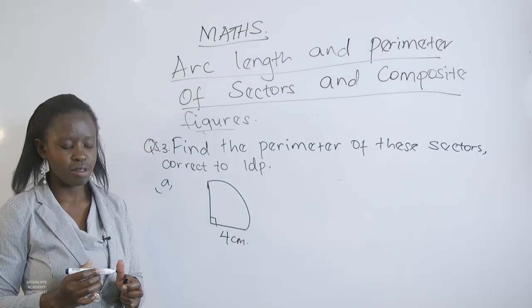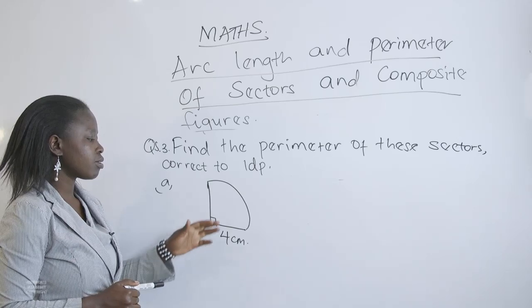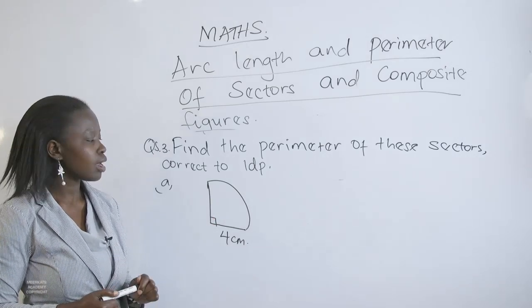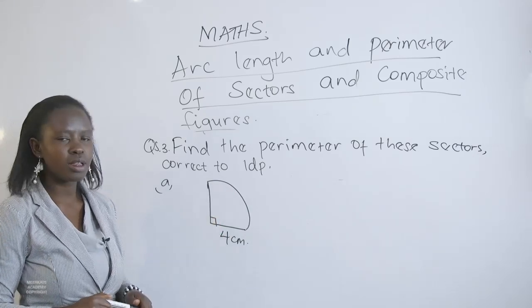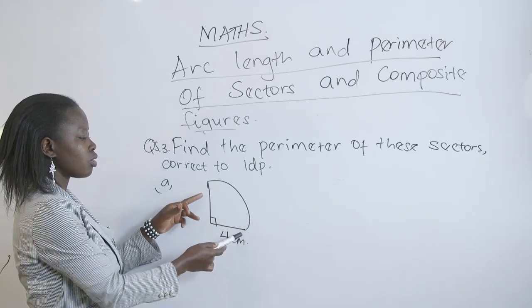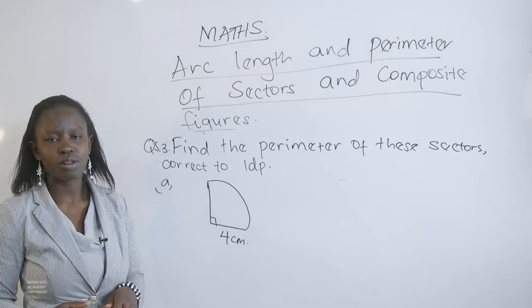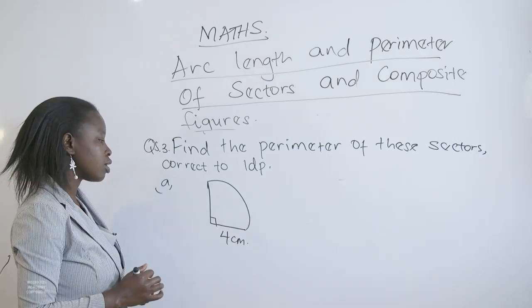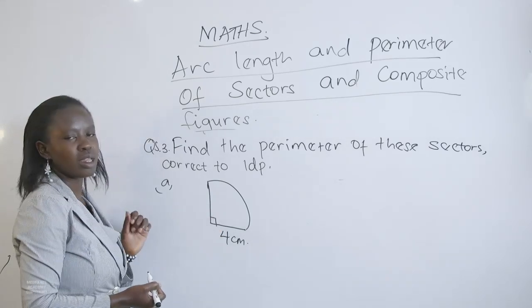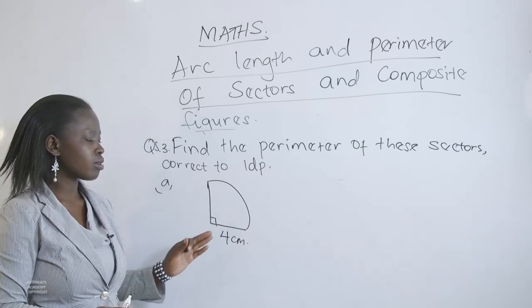So the first sector we have is a sector that is subtending an angle of 90 degrees at the center of the circle. So this is the sector that has been formed out of that circle. We need to get the perimeter of this given sector.